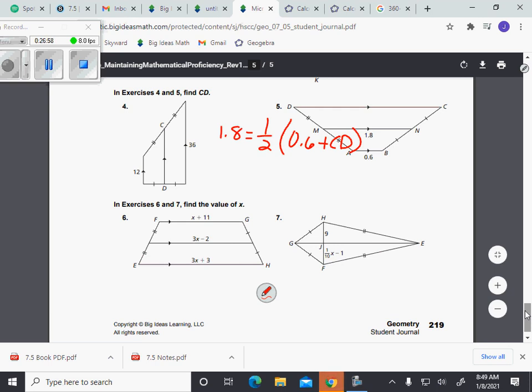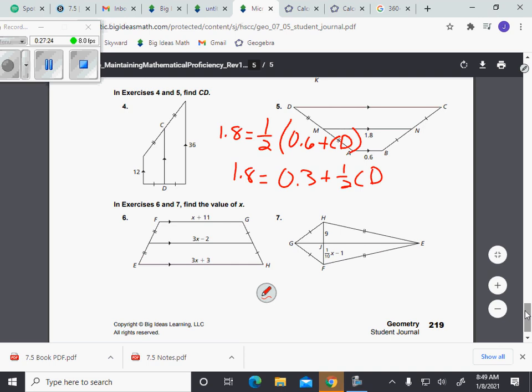If we distribute, we have 1.8 equals 1/2 of 0.6, which is 0.3, plus 1/2 CD.